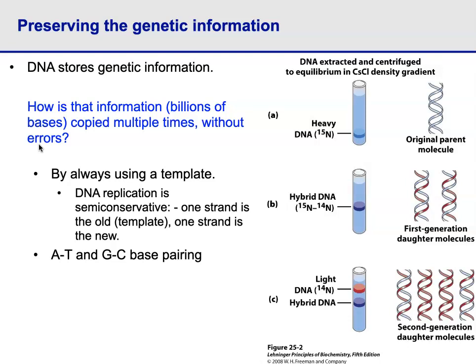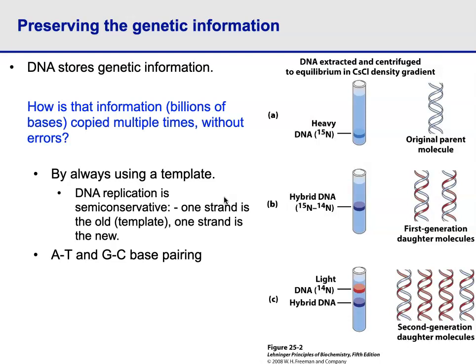Well, in principle, that is possible because replication uses a template. And now we know that the template is the mother or the old strand of double-stranded DNA, and one of the old strands is used as a template to synthesize a new hybrid, meaning made out of an old and a new strand of double-stranded DNA.